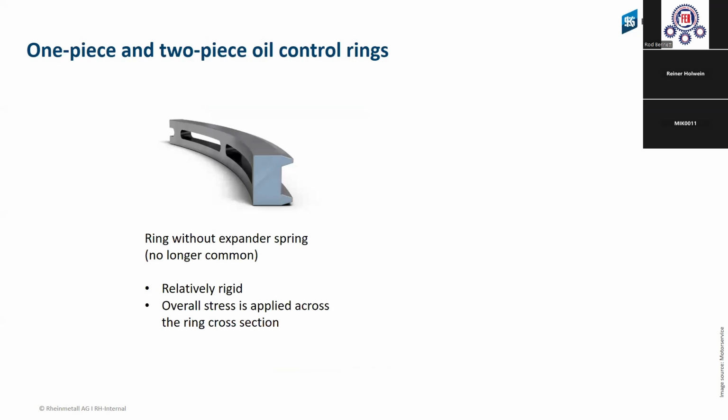Here on the next slide you see the one-piece and two-piece oil rings, the oil control ring, the oil scrubber ring. This is the older version without any expander spring. This is 1965. A lot of Deutz engines have it, and some of these pistons use this kind of oil scrubber ring.